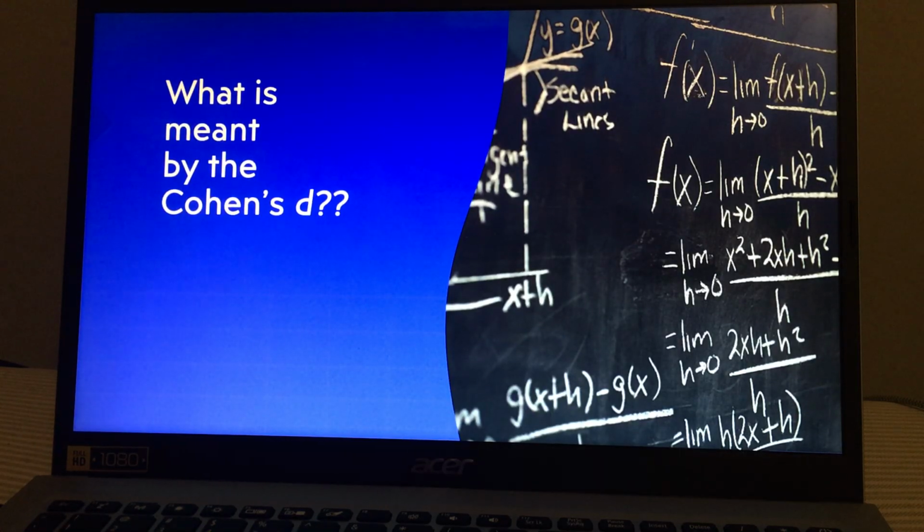it is definitely common for us to need to report Cohen's d with our t-test statistics. So here's an example of how to report these results.